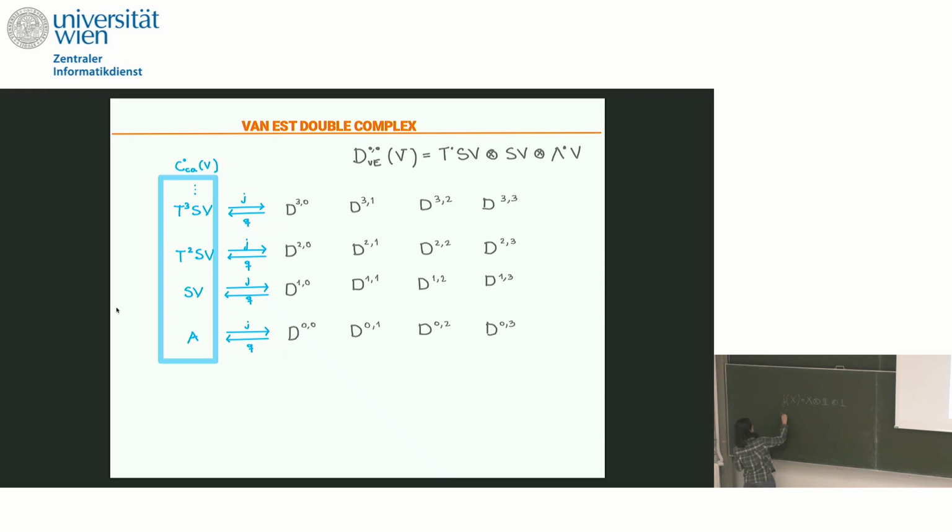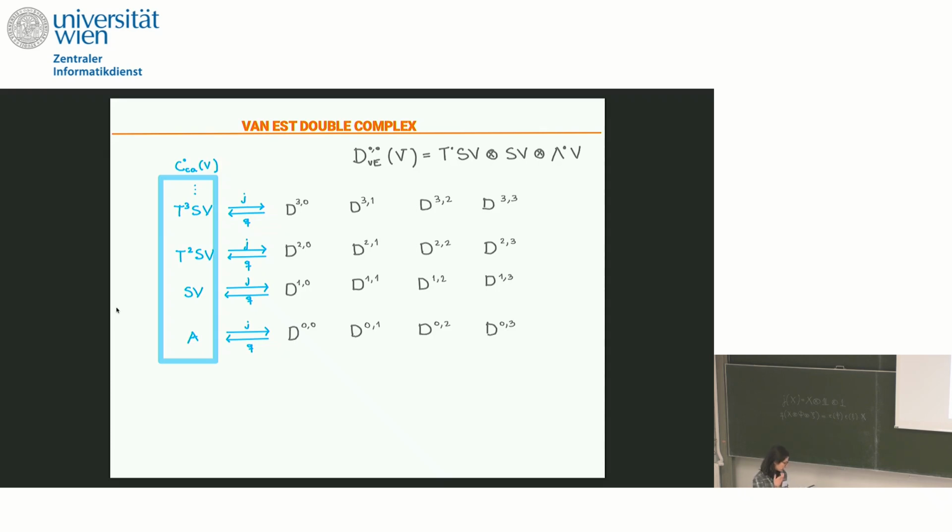And the projection means I just want to end up with this one, so I use the counit. Oh, no, sorry, the other way around. This is the Grassmannian, yes. So you see, I have very easy maps that really connect the double complex with the CA complex.